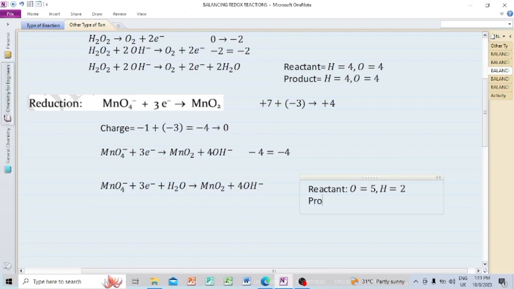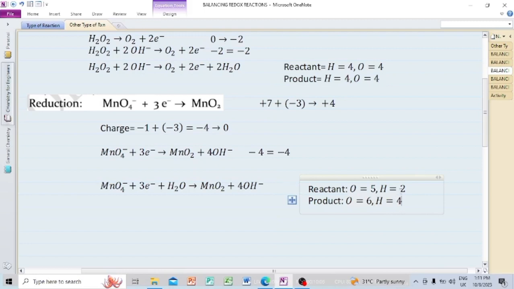On the product side, for oxygen, we have 2 plus 4 is 6. And for hydrogen, we have 4.